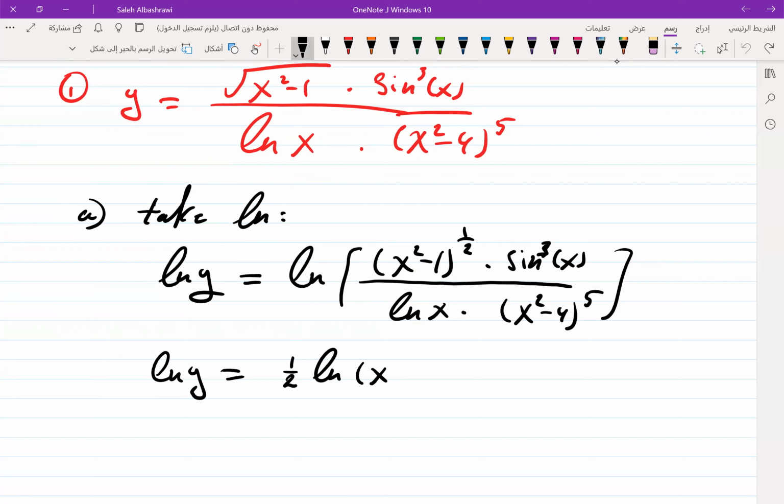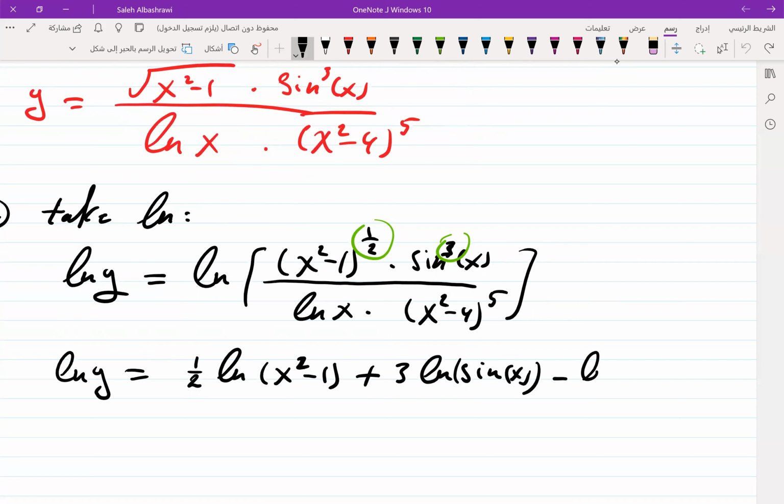ln of x squared minus 1 plus, for the second one, 3 ln sine x. We said that for the properties, this power is written down, minus ln of x, minus, because it is in the denominator.